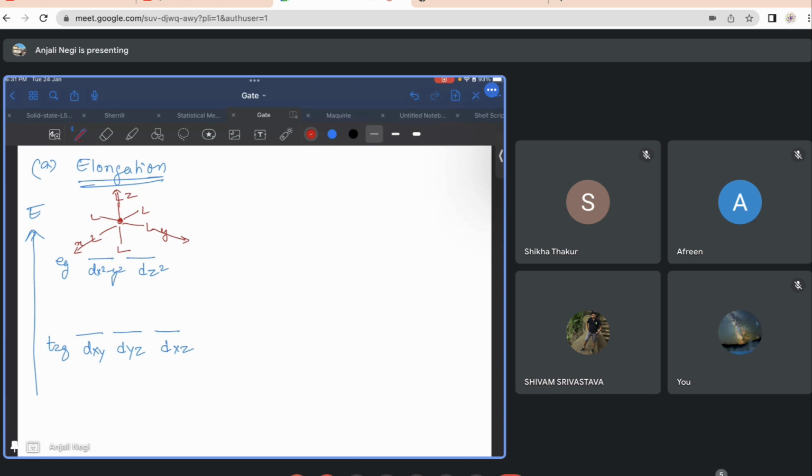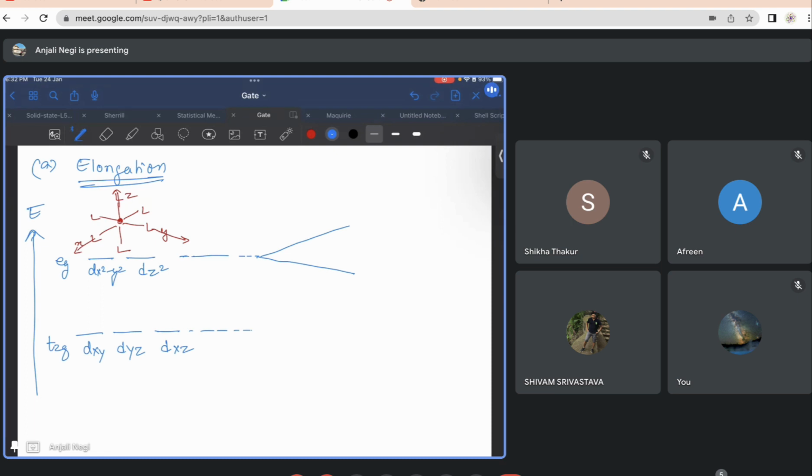Now in the case of elongation, Jahn-Teller distortion will occur by breaking the degeneracy, and that is done by stabilizing the d orbitals with a z component.